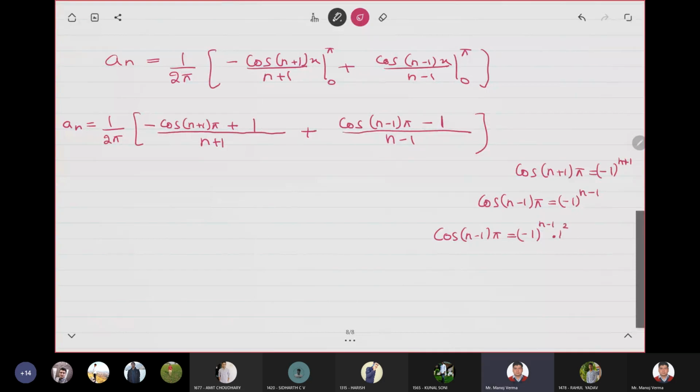Can I do that? I can multiply anything with 1, it will remain the same. And if I see, it will become (minus 1) raised to the power n plus 1.